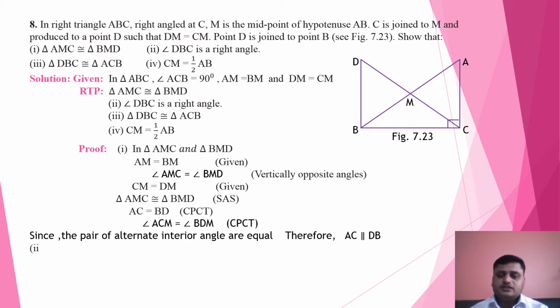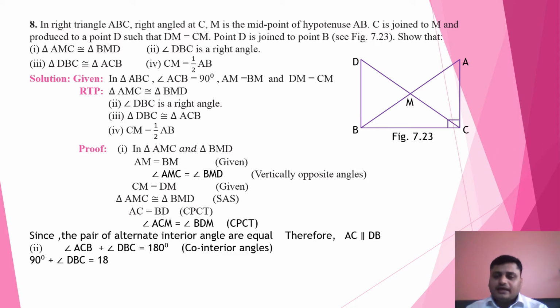Now if AC is parallel to BD, then we all know BC will act as a transversal, and angle ACB plus angle DBC is equal to 180 degrees. We can write the reason: co-interior angles, allied angles, or consecutive angles. After this, one of the angles, angle ACB, is 90 degrees, given.